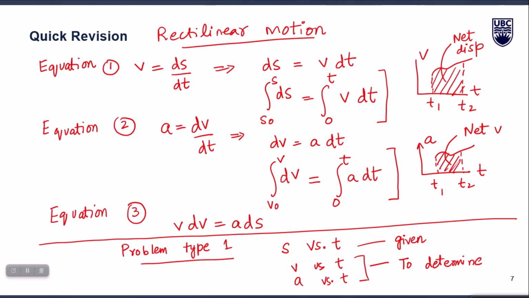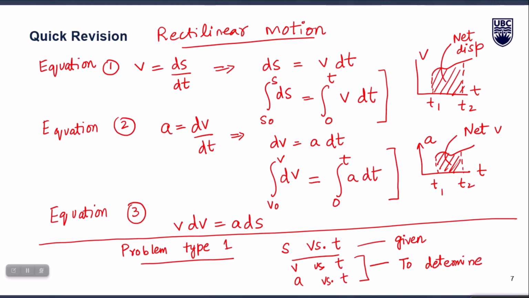That was our first problem type, and the solution technique we discussed was successive differentiation. So once you already have an s versus t relationship, an analytical relationship in the form of an equation, you differentiate it with respect to time to get v versus t. You differentiate it again with respect to time to get a versus t. And once you have these two relations, you can use them for answering any additional questions.